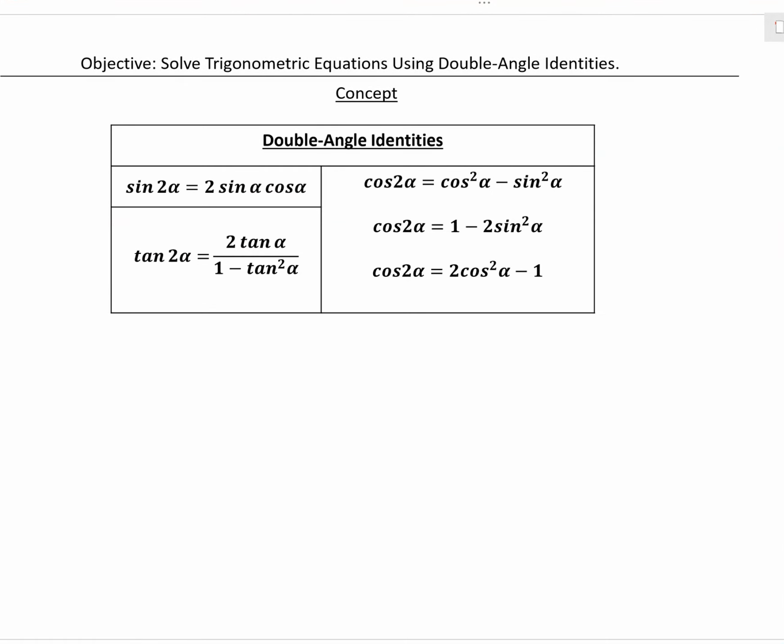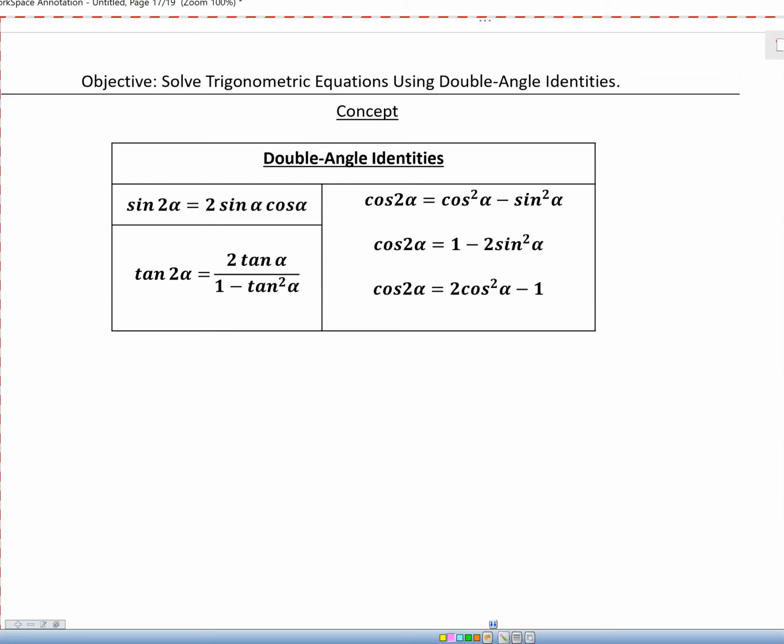Here are the double angle identities that we learned about in the previous lesson. We have only one that we use for sine of 2x, or here it shows as 2 alpha. 2 alpha, 2x, 2 theta, all the same thing. We just change the alphas to whatever we're using for that angle symbol, x, theta, and so on. We have 3, remember, for cosine, and we'll talk about how we figure out which one to use.